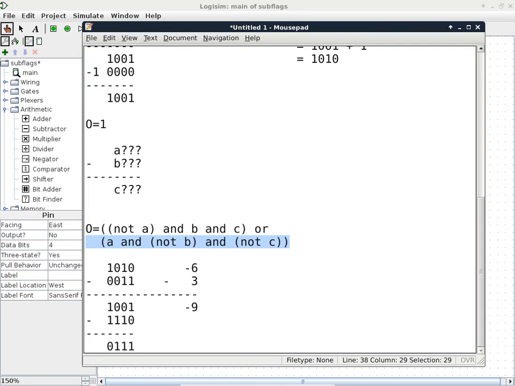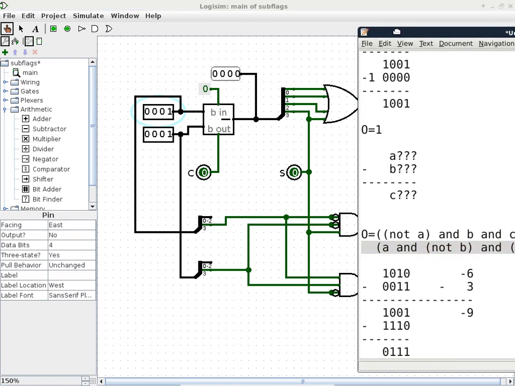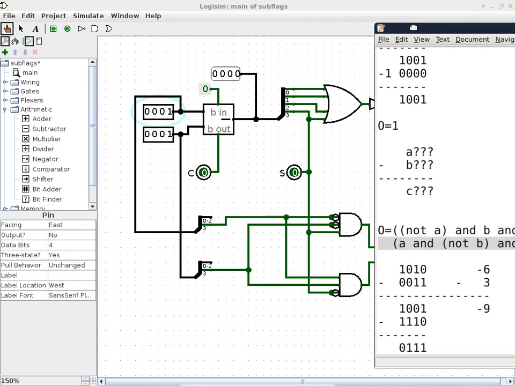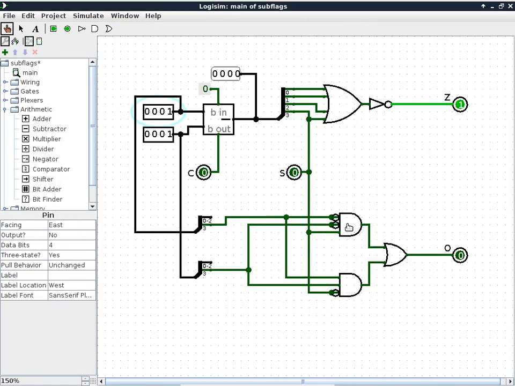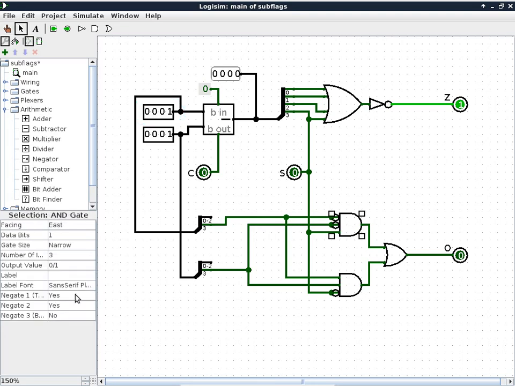So are we doing okay so far with the derivation of the logical equation for the overflow flag in the context of subtraction? That part okay? So now we're going to take this and go back to LogicSim and modify these two gates to reflect what we just talked about. Okay, so if you look at the first gate here, the first gate at this point is negating the first and the second input.